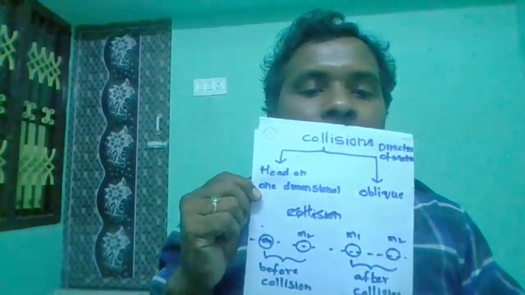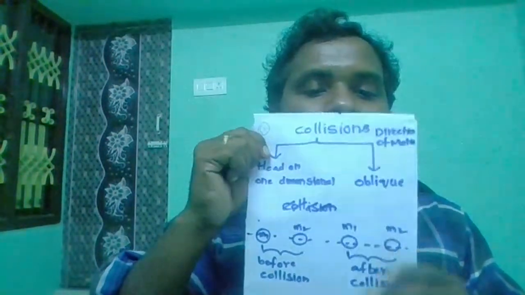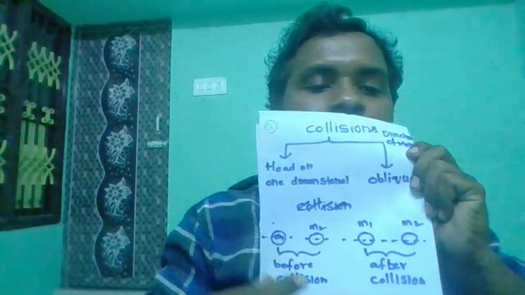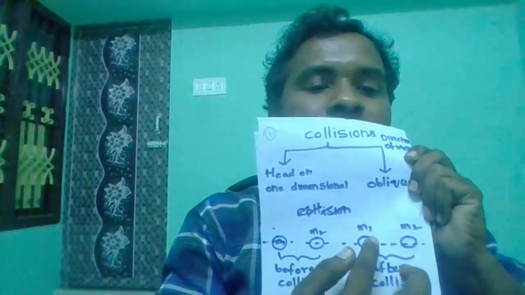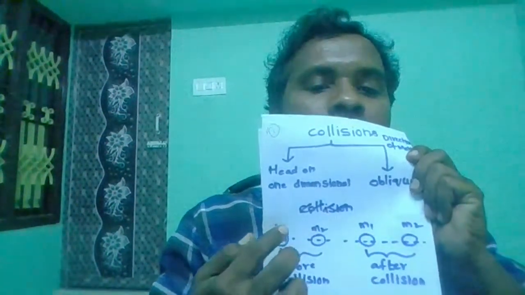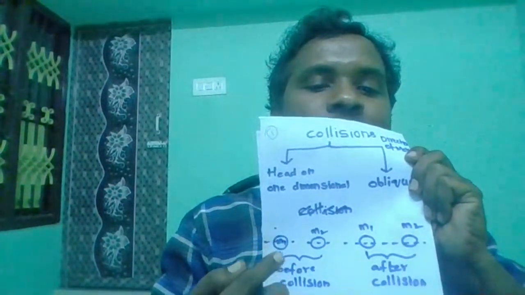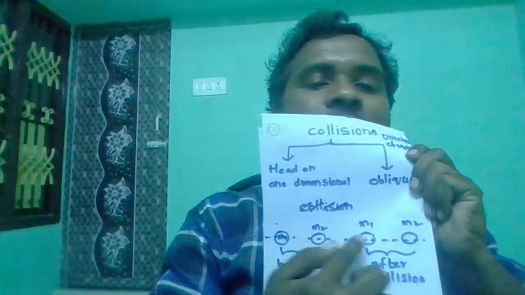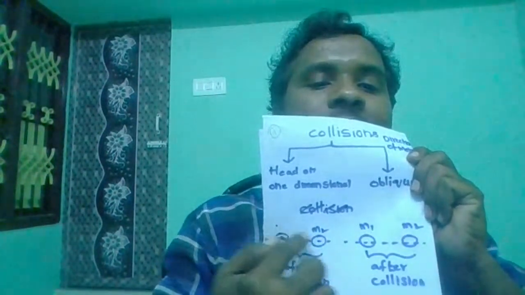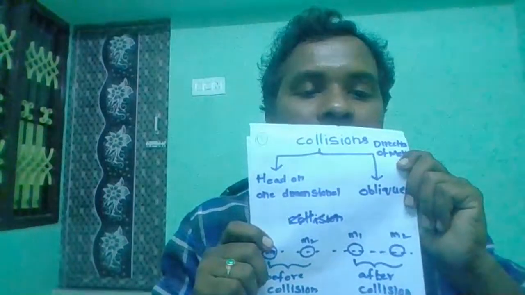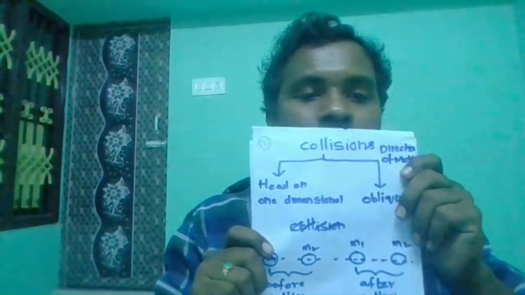These are before collision, and these two objects are after collision. The objects before collision and after collision are in the same line. It is known as head-on collision, right?